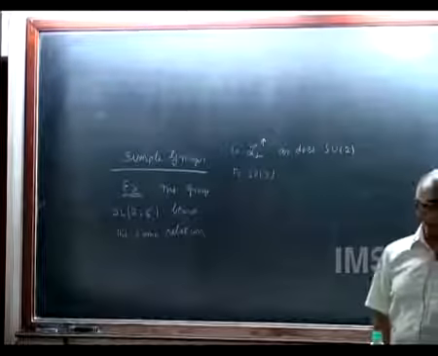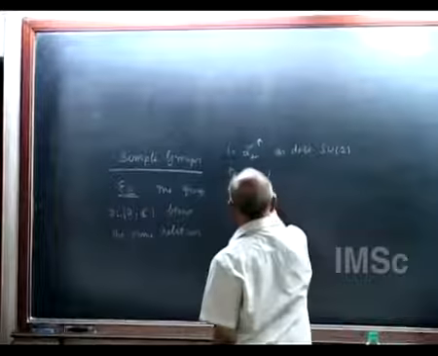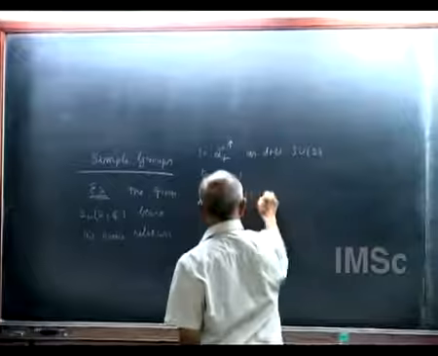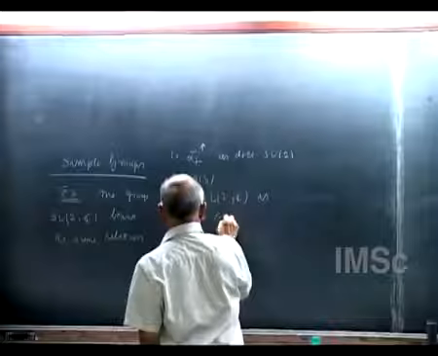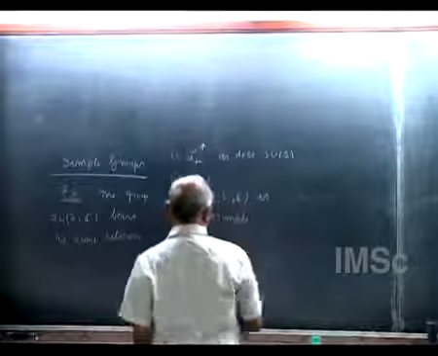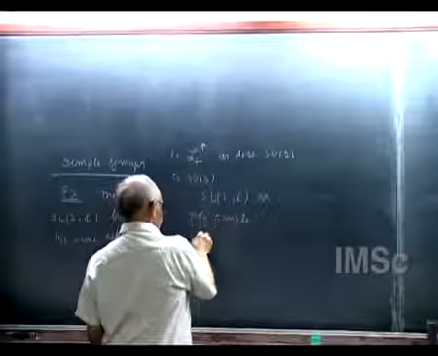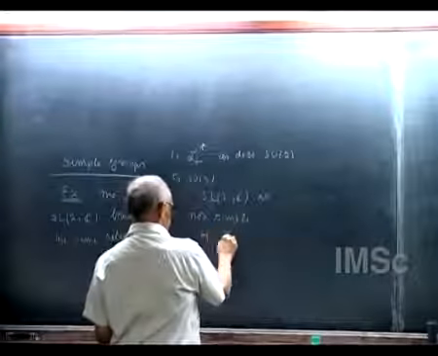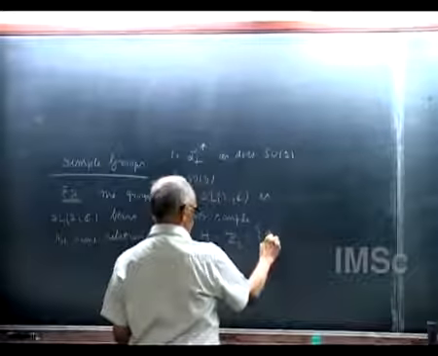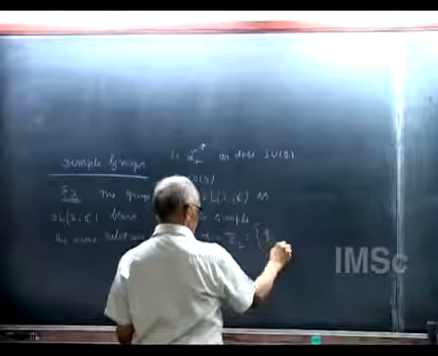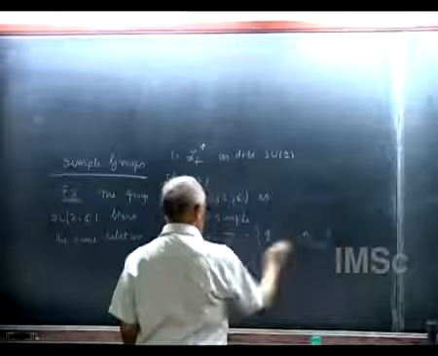I will show this later, but for us the important thing is that SL2C is not simple, just like SU2, because this H, which is Z2, consisting of the 2 by 2 identity and minus the 2 by 2 identity, is an invariant subgroup.